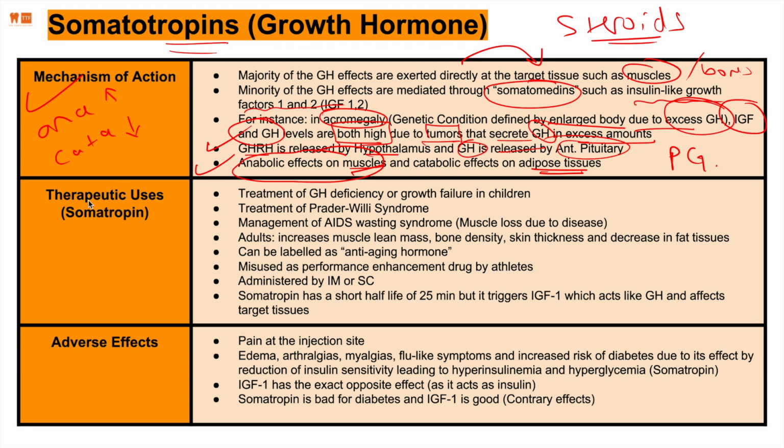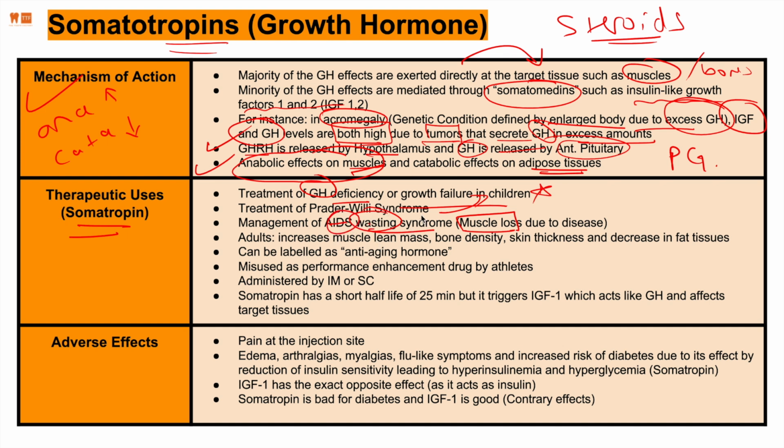Therefore, therapeutic uses of somatotropins are in the treatment of growth hormone deficiency or growth failure in children, stunted growth. Treatment of Prader-Willi syndrome. Children's failure in growth. Management of AIDS wasting syndrome. Anytime that you see the word wasting, wasting means muscle loss. Why? Because of AIDS.